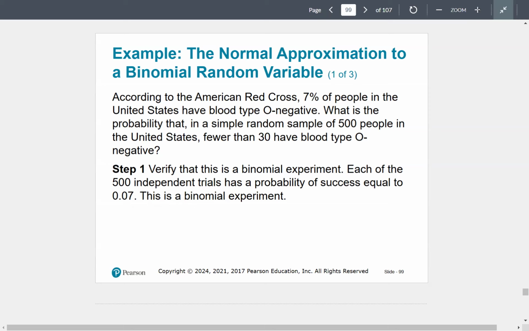Yes, it is. Our trials are independent. We have a big enough group of people. It acts independent. The probability that you have type O negative blood versus a stranger has type O negative blood is the same. It's not going to change. Now, if we're looking at a family, that messes things up. But if we just have a group of strangers, yeah. So we can use binomial experiment.